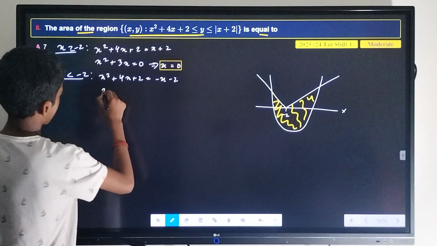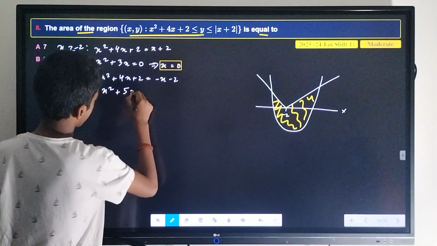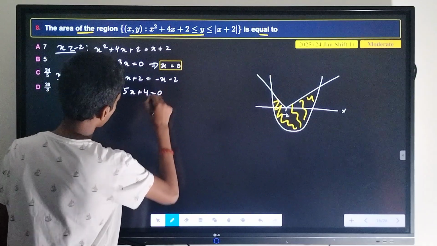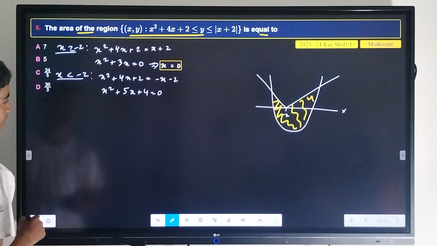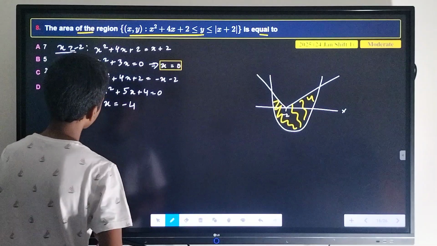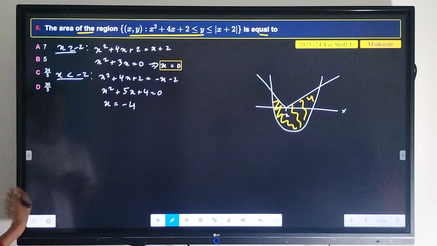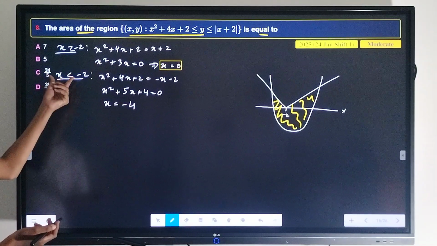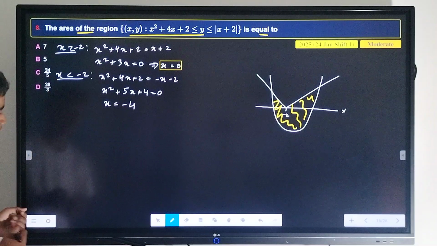So we will get x square plus 5x plus 4 is equal to 0. So from here our x is equal to minus 4. The other root will get rejected because it will not satisfy the condition.